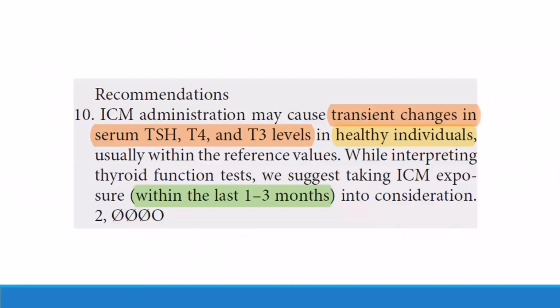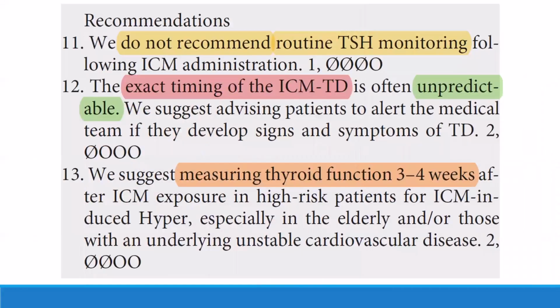And of course, the contrast administration may cause a transient change in the serum TSH, T4, and T3 levels in healthy individuals, and this may last for 1 to 3 months after administration. The guidelines do not recommend routine TSH monitoring following the contrast administration.